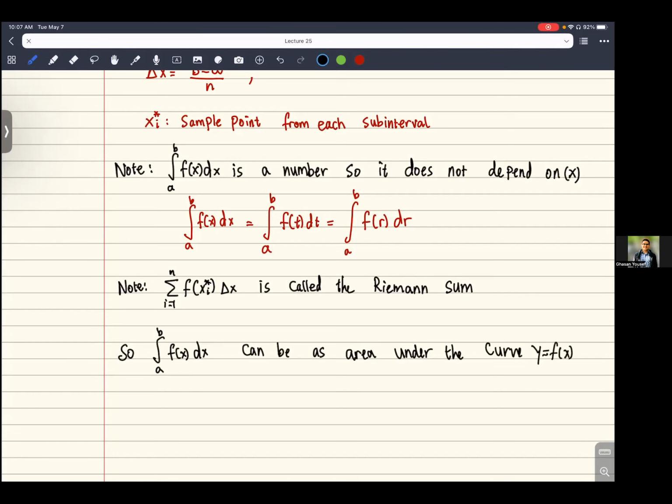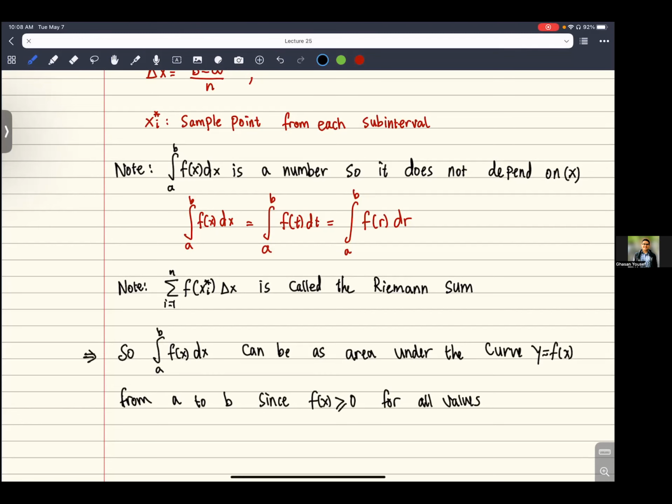But here, if the function is positive from a to b, since f of x is greater than 0 for all values, it means it's positive.